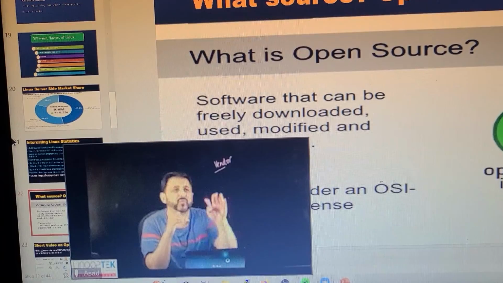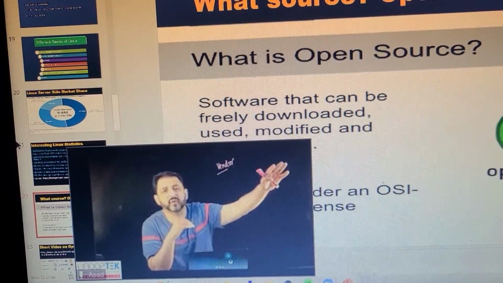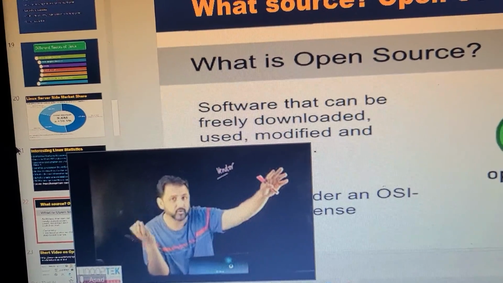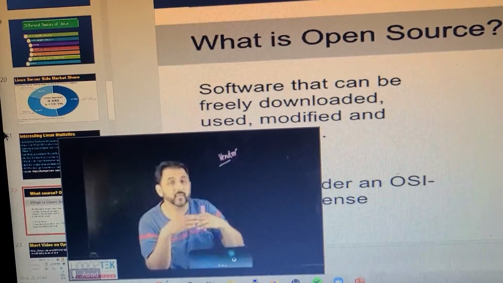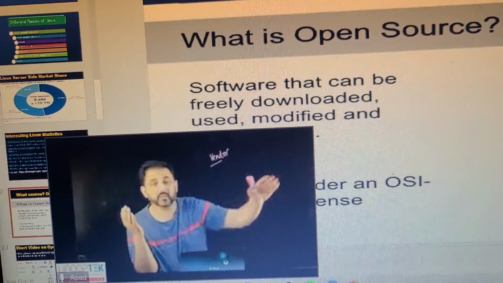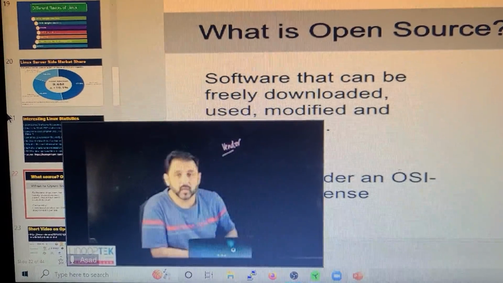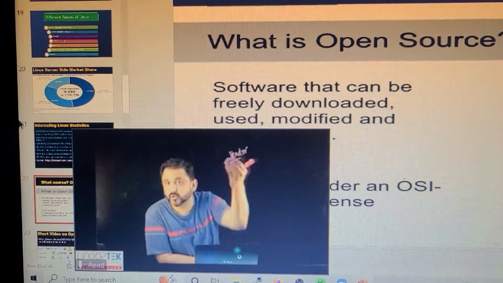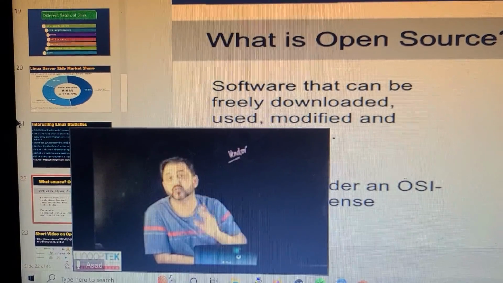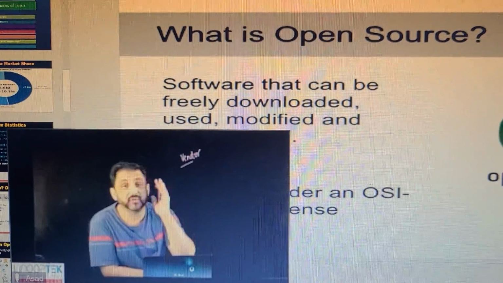So you don't have to worry about the vendor. What if Red Hat is not there anymore? Their stock sinks, or something happens to the CEO and the company is wiped out. As we have seen, a lot of companies on the open market get wiped out. You're not going to have those issues with Linux. That's a big game changer for companies. It gives them peace of mind.